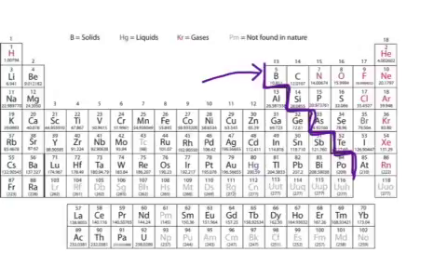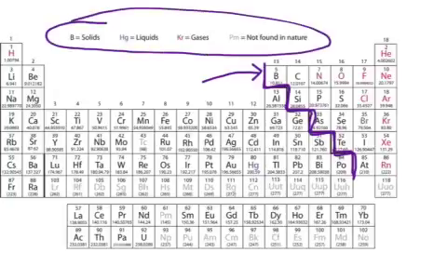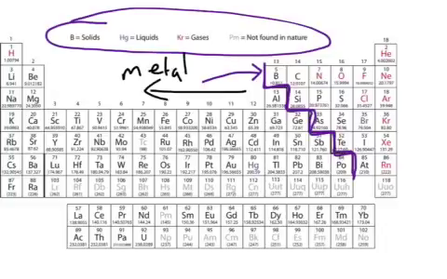The purpose of that staircase is essentially to separate the metals from the nonmetals. What I want you to make sure you understand is that for the most part, the metals are to the left of that staircase, and nonmetals are to the right of the staircase.